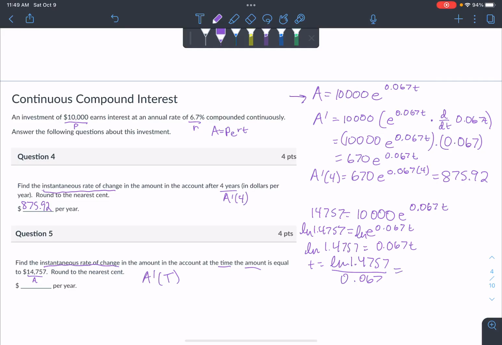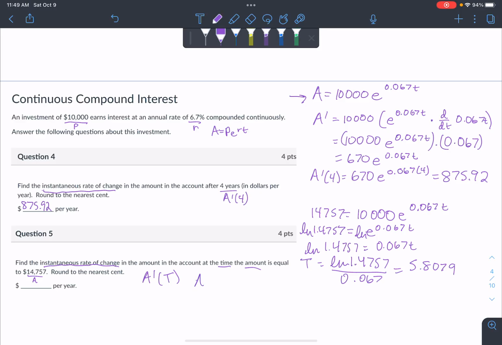And this should give you 5.0879, maybe. I'd carry it out a few decimal places just to avoid rounding error. And so we're not done. That's my specific time. I made it capital T just so it's different.